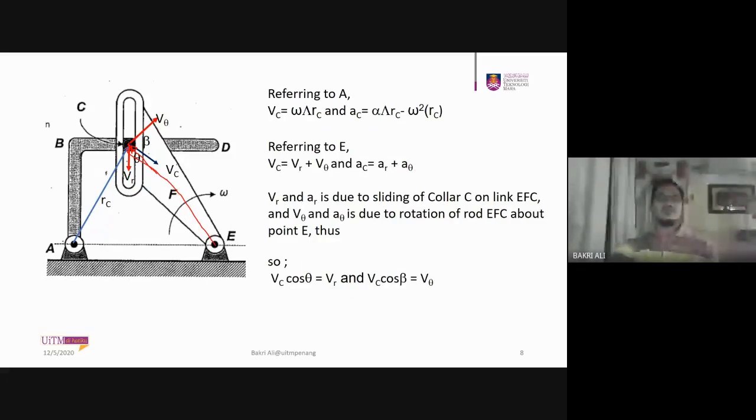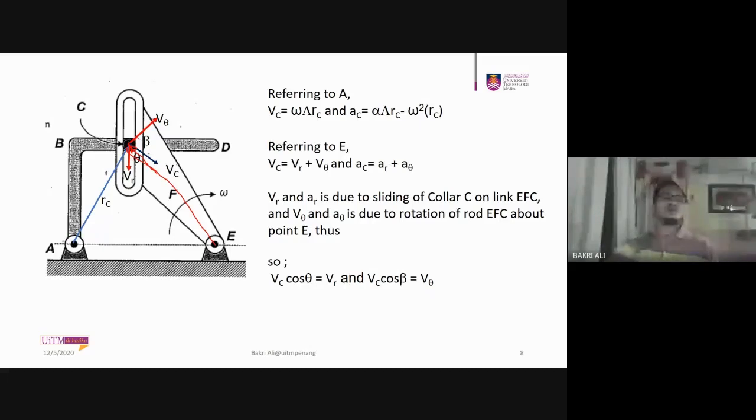So in this case, the total velocity of VC, which is due to the rotation of rod ABC about point A, can be separated into V theta and VR using this equation. So VC cos theta equals VR, and VC cos beta equals V theta. So beta, this angle.